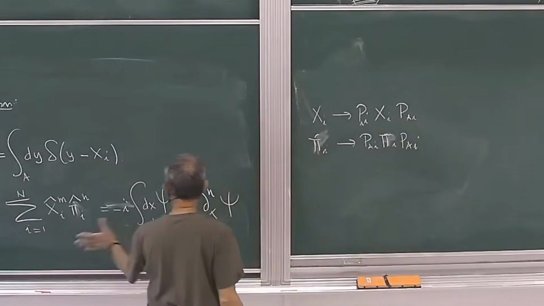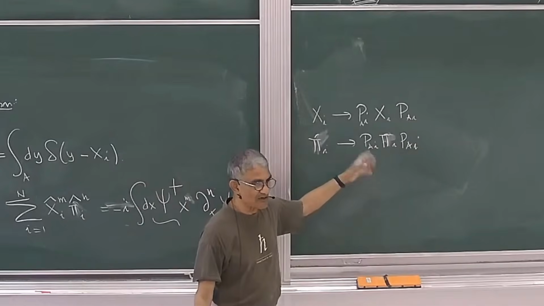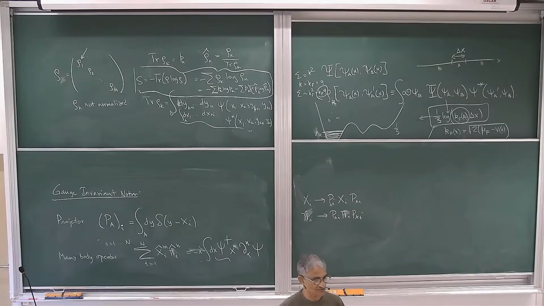Doing this, starting from an operator like this, you get a new operator where each x and each p you just project out. By construction, it's not very hard to see what these new operators are. They're non-trivial only acting on those particles which are lying in A, but have a trivial action if they are not in A. That's a simple exercise. You can do it for yourself.